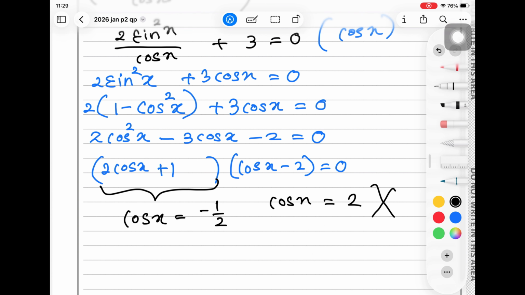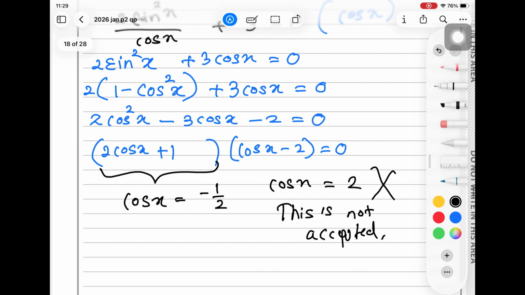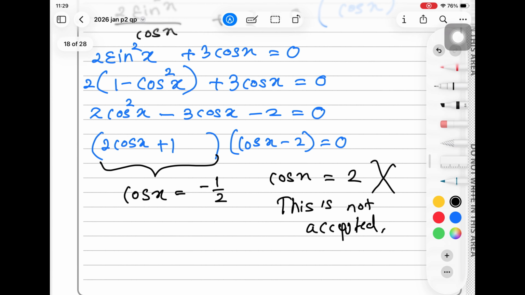But we know this is not an acceptable answer, because cos cannot exceed 1, since it's in the range of -1 to +1. So this is not accepted. Negative half is a pretty good answer.